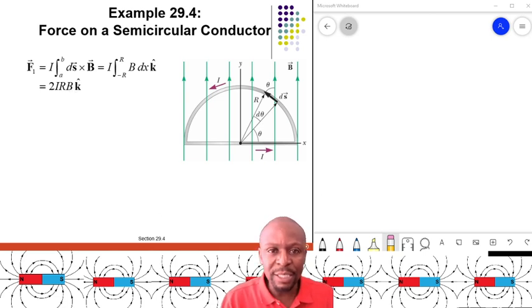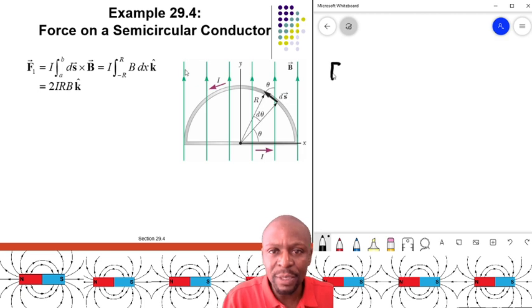In this case, this is very simple because the force is just given by this integral here. I just want to do it very quickly. B is just constant, so you can take it outside the integral. That is going to be IB.